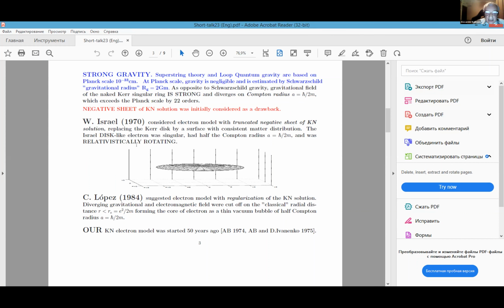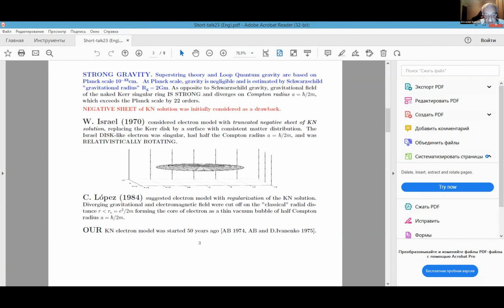As a result, the Kerr solution takes the form of a disk of Compton radius and classical thickness.